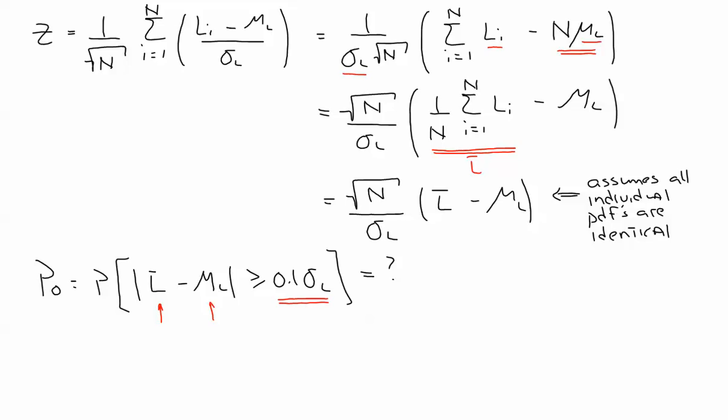Remember that differs by means that my mean sample length can either be too long or too short. Thus, my absolute value symbols here. All right. So let's take this the next step. I'm going to multiply times square root of n over sigma. Need my absolute value sign.